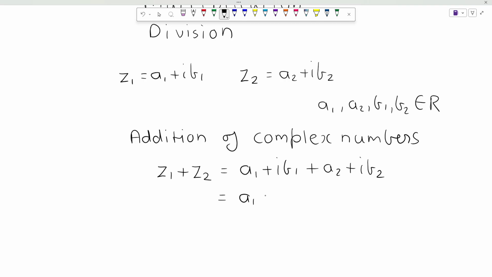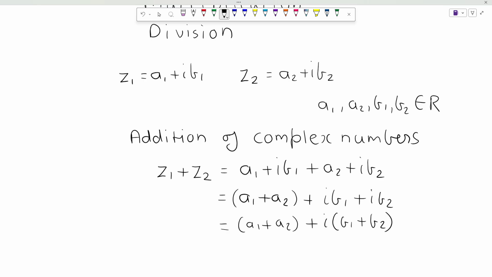So this will be a1 plus a2 as the real part and iota times b1 plus iota times b2 as the imaginary part. So we can take a1 plus a2 as a number plus iota times in the bracket b1 plus b2. So a1 plus a2 and b1 plus b2 will be real numbers. So this is the addition of complex numbers.